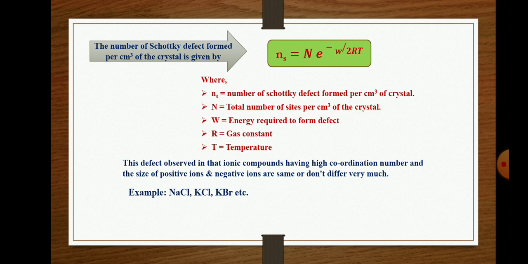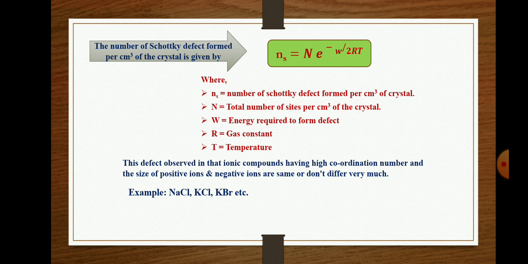Examples: NaCl, KCl, KBr, etc. So students, you focus on the examples NaCl, KCl, KBr. Both the positive and negative ions are of the same size, and therefore the defect is observed in these kinds of ionic crystals.